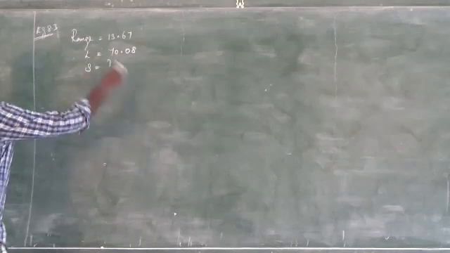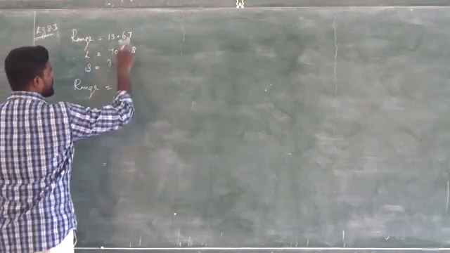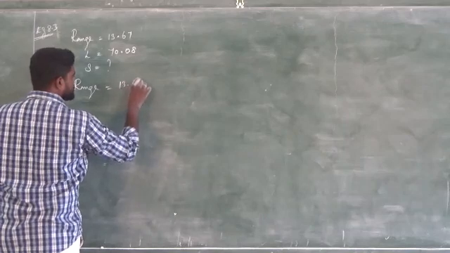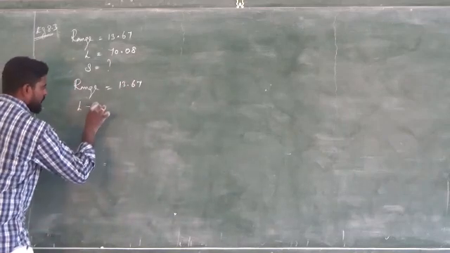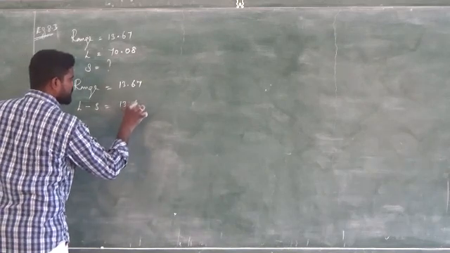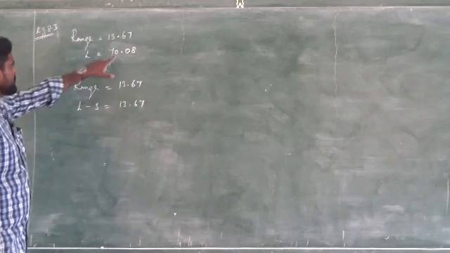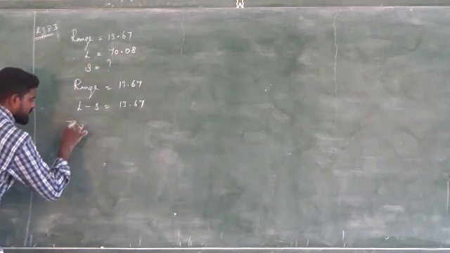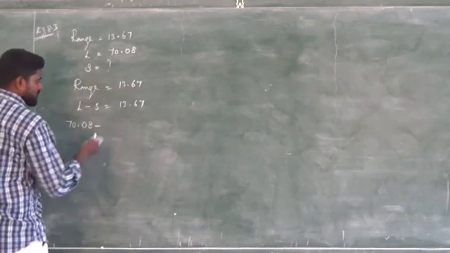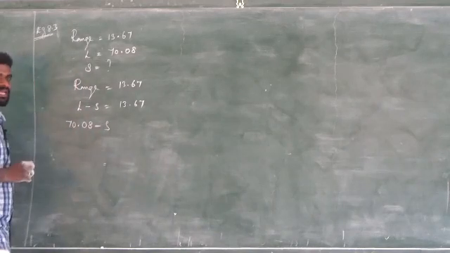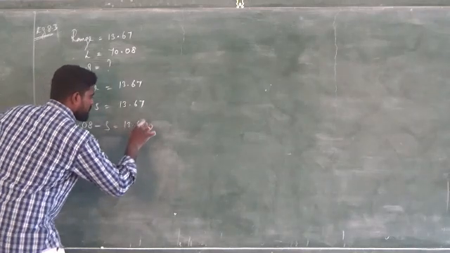We know the formula for range, and here the value of range is 13.67. Range is L minus S equal to 13.67. Substitute the value. We know the largest value, 70.08, minus, we don't know the smallest value, so take it as S, equal to 13.67.